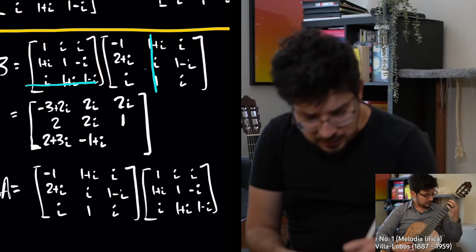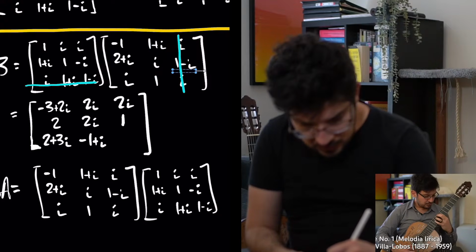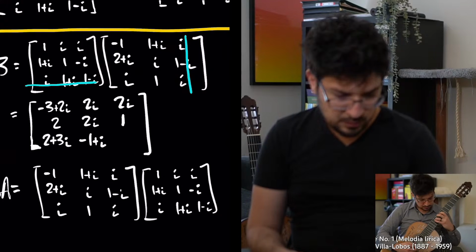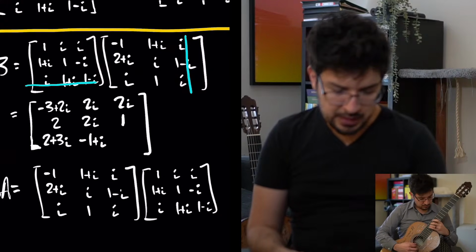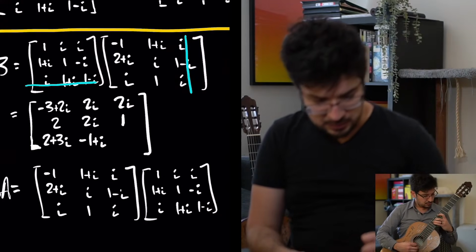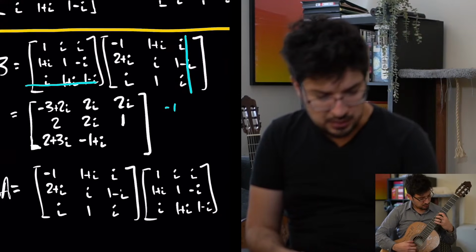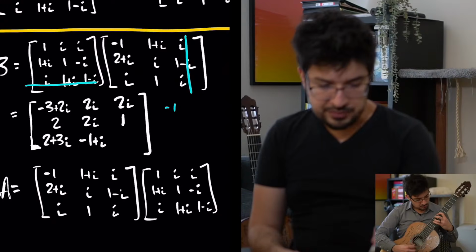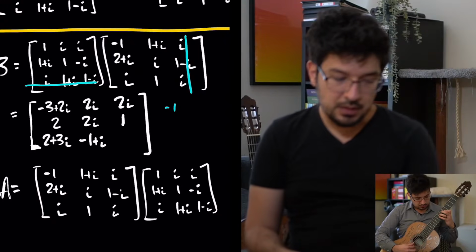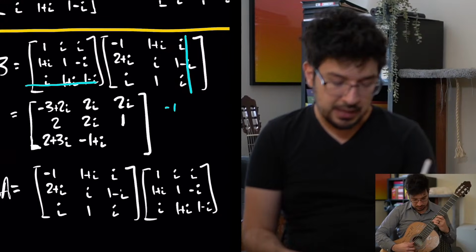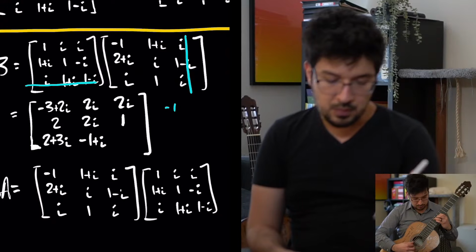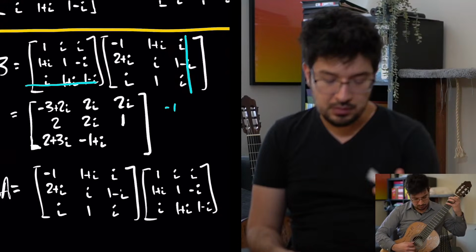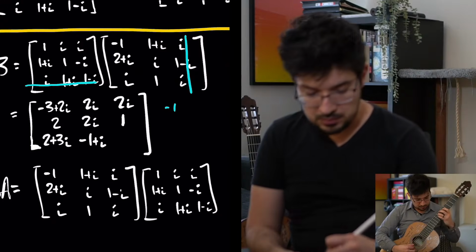And now finally, i squared is negative 1. This next term is 1 minus i squared. 1 minus i squared is 2.